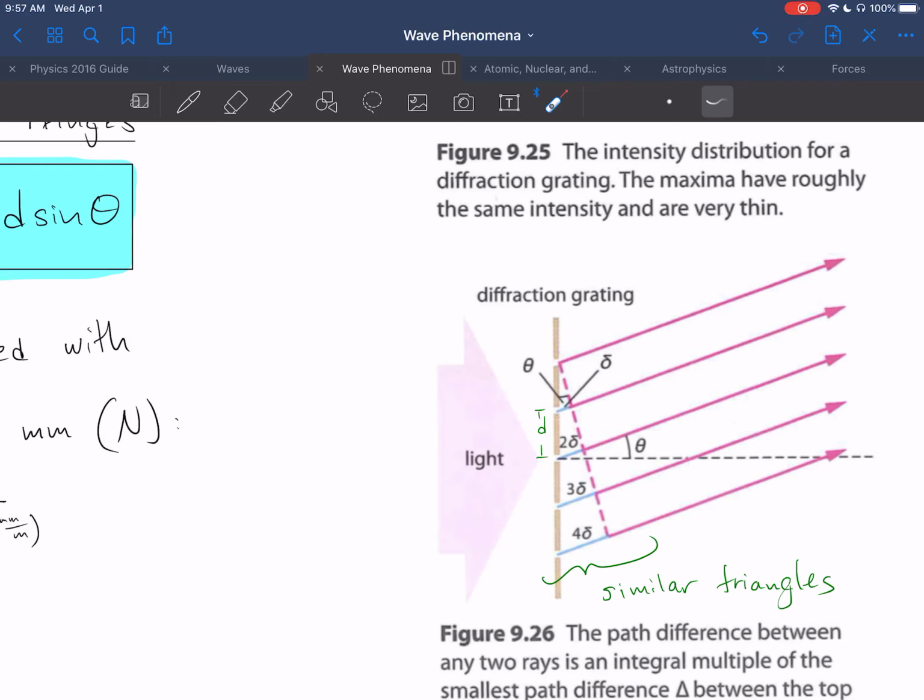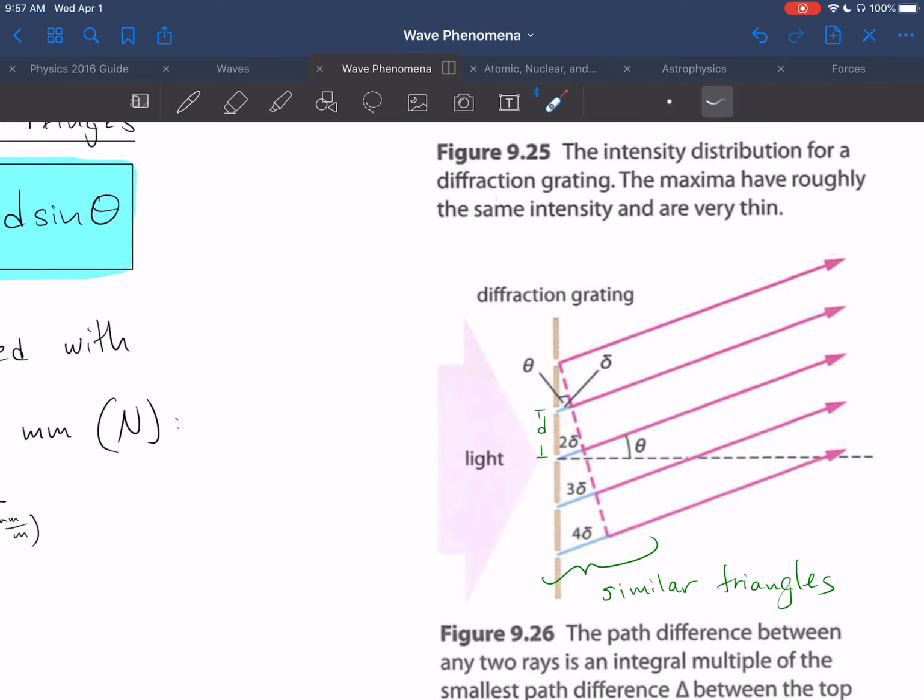And you can see this by appealing to geometry. These are similar triangles, so they have the same angle here, here, and so on and so forth, and therefore this small side grows by the same factor as the hypotenuse.